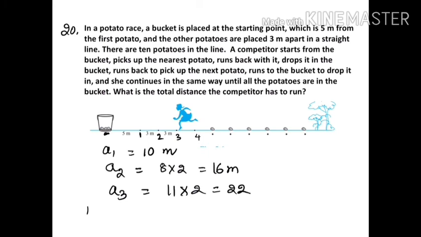Likewise, we can get all the terms of the AP. So the first term is 10, second is 16 and third is 22 and so on. How many terms will be there in the AP? Because there are 10 potatoes that she has to pick, n is going to be 10.